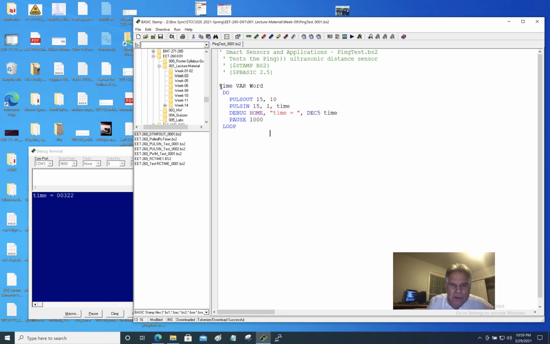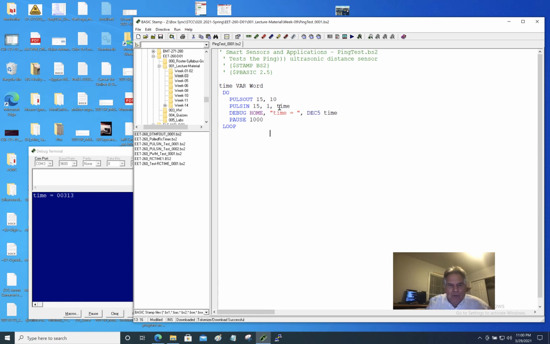So here's our program, which is pretty simple. We have a do loop, and we pulse out on pin 15 with a value of 10, and then we use the pulse in command, which measures how long the pulse is high.